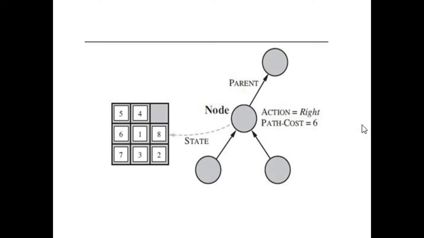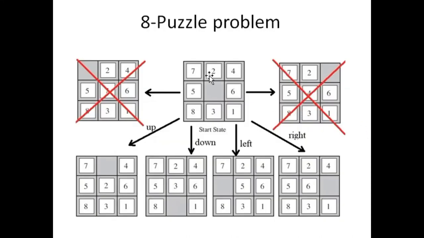The example that we did, let us map it to this. We talked about this definition, this problem in the previous lecture. So this is our node. We can represent this state.